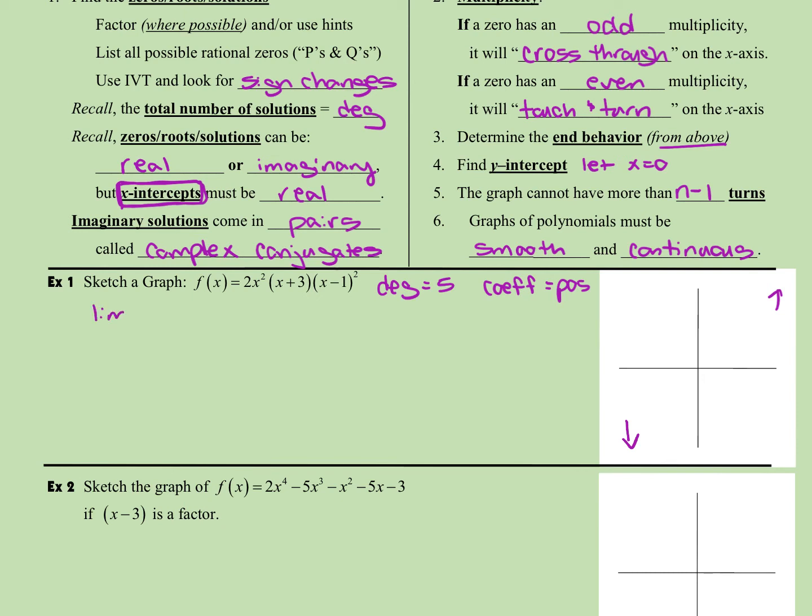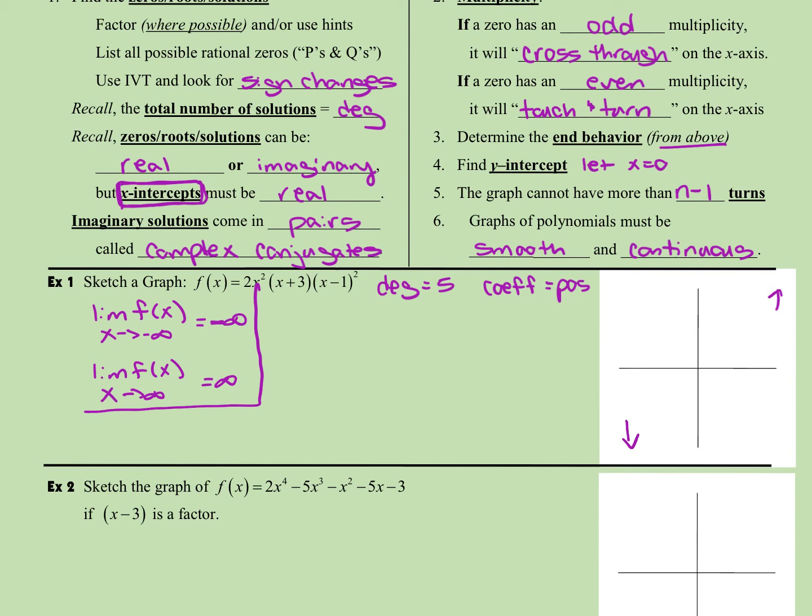We could say the limit of our function as x goes to negative infinity is going to be negative infinity. And the limit of our function, so what's happening to the y values, as our x values go to positive infinity is going to be positive infinity. My negative did not show up very nicely there. So once we know that end behavior, we can write that immediately.